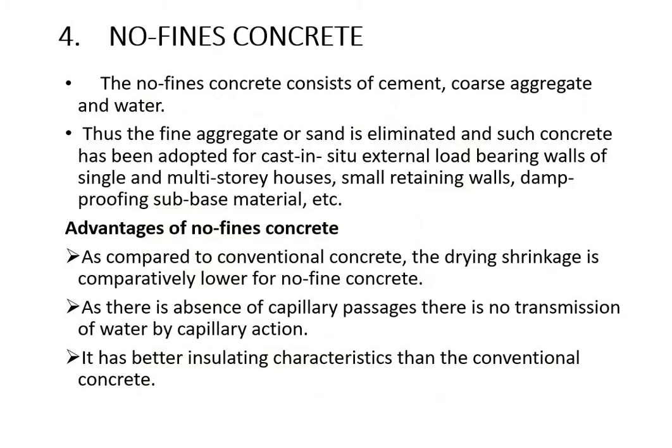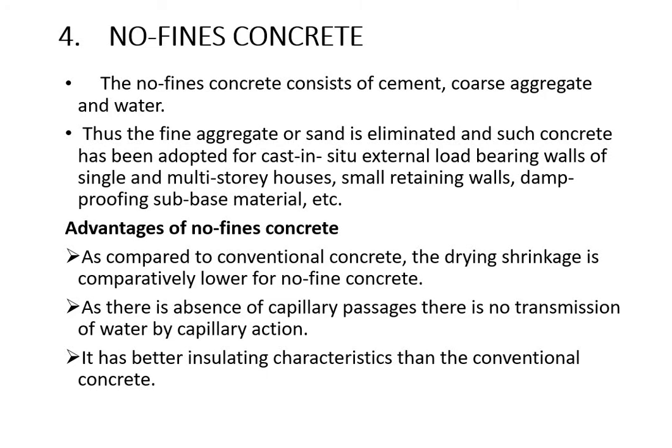Then you have the no fine concrete. Generally, you eliminate the finer particles. You can eliminate cement, because cement is the binding particle, and you eliminate the sand particles or the fine aggregate.